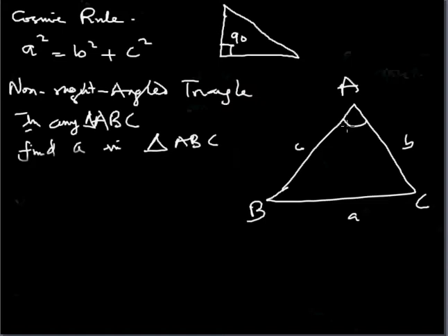Then you can use the cosine rule to find the remaining parts.